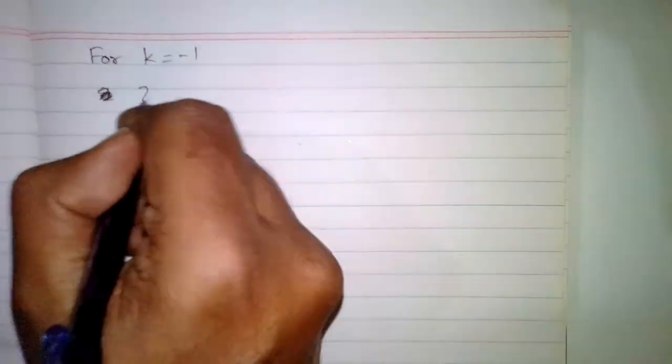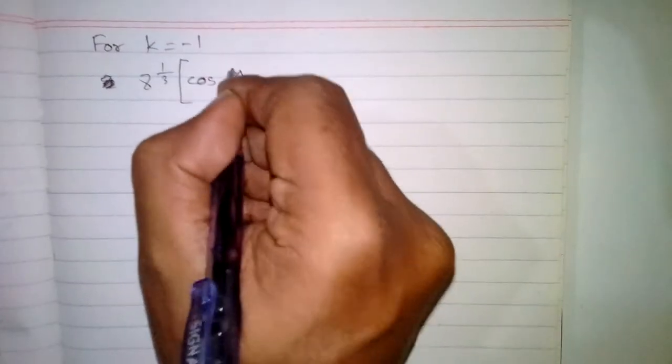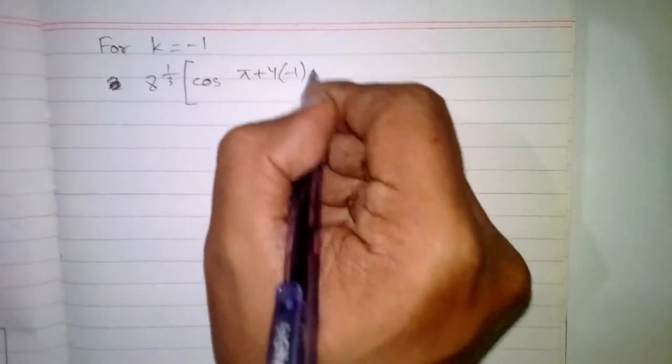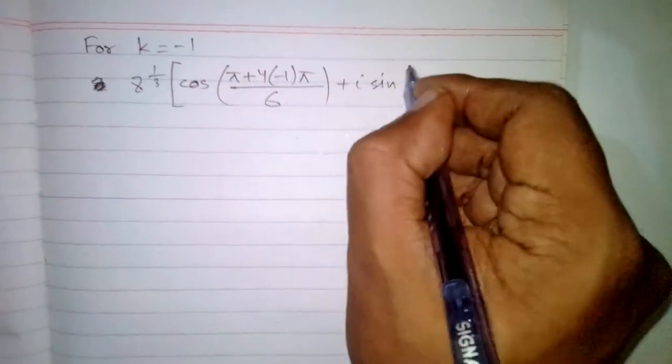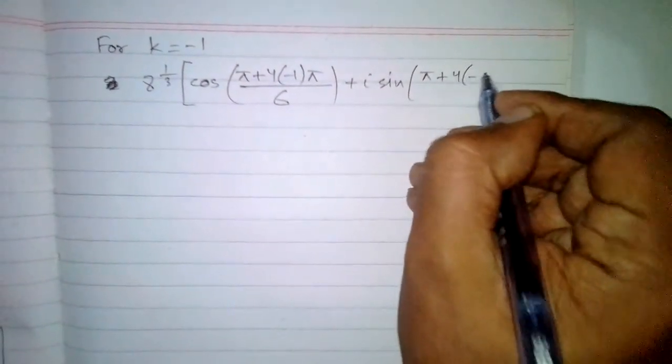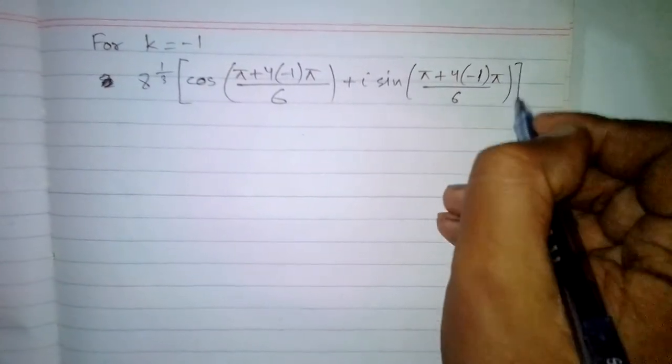Now for k is equal to -1, we have 8 raised to the power 1 upon 3 times cos of pi plus 4 times -1 times pi upon 6 plus iota sine pi plus 4 times -1 times pi by 6.